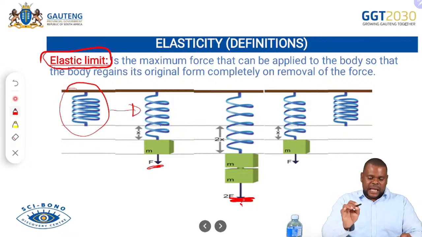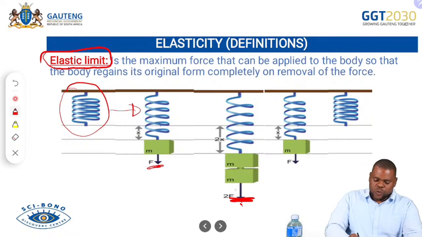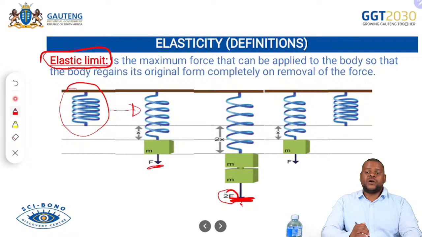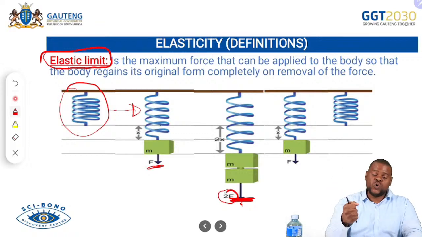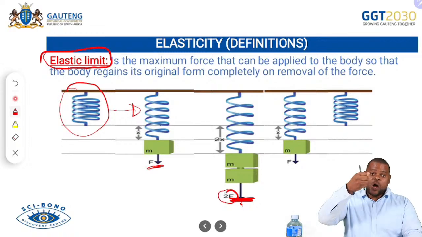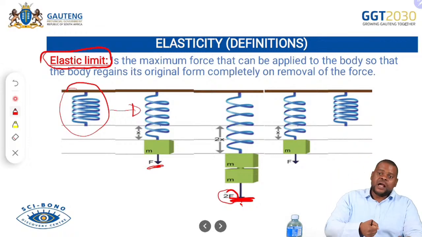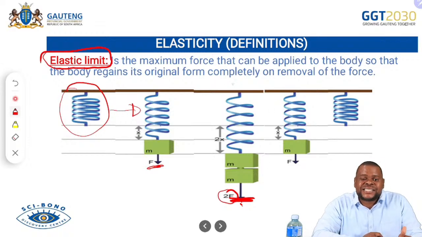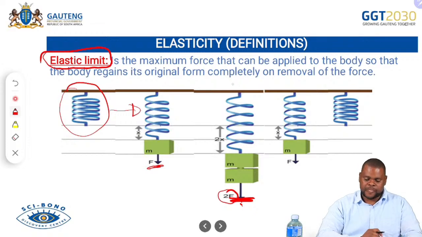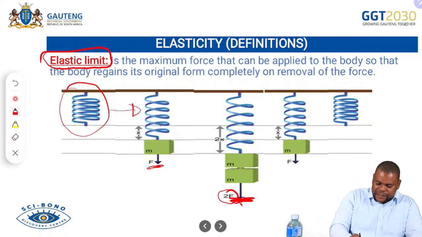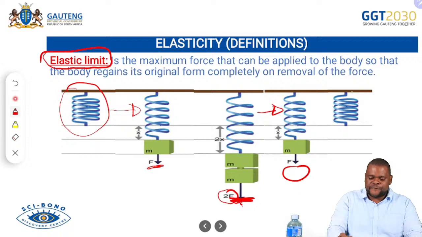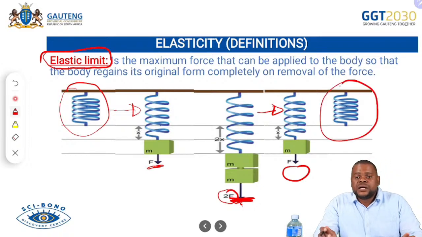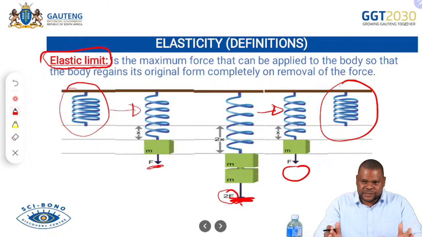That means the elastic limit is what? 2F. I can only apply a force that goes to 2F. If I increase my force beyond there, then this spring might not regain its shape or size. But if I end here, you can see that the spring is always going back to F and to its original shape and original size. Are we together, grade 12?